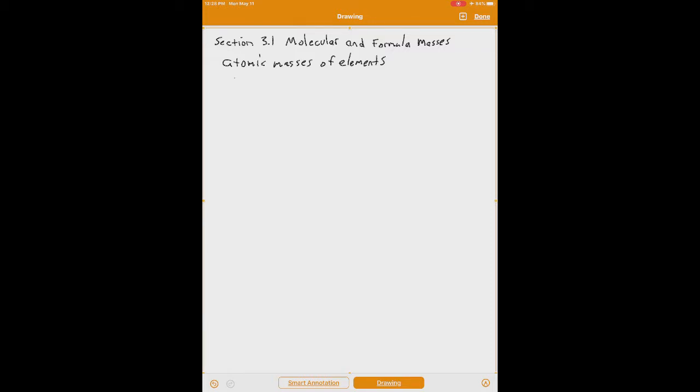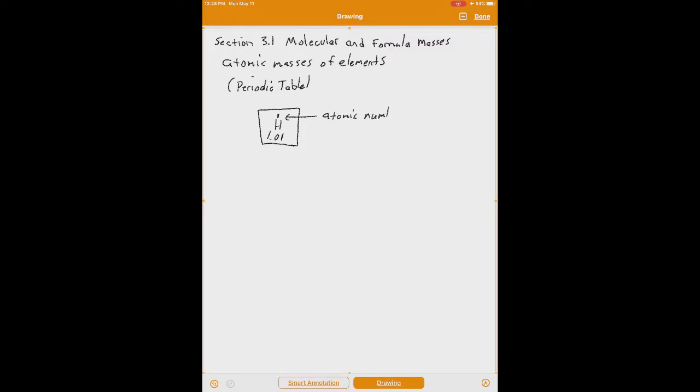So you want to be looking in the periodic table to review these values. They are typically given below the symbol for the element. So this is hydrogen, and let's remind ourselves, this number up here is the atomic number, not the atomic mass.